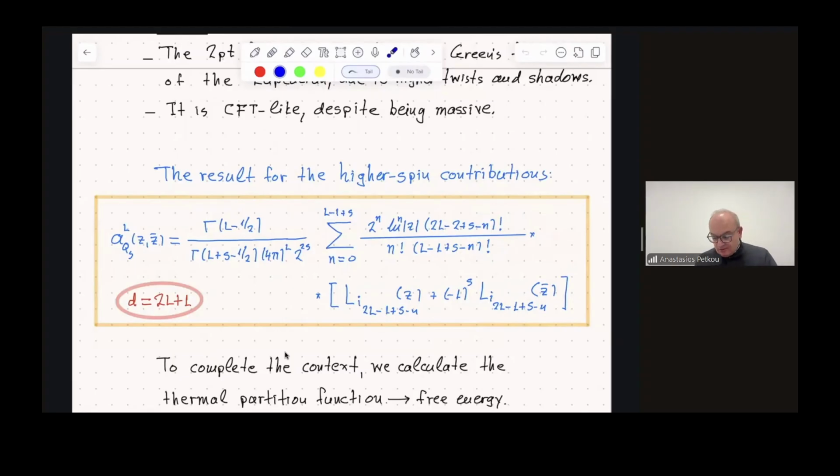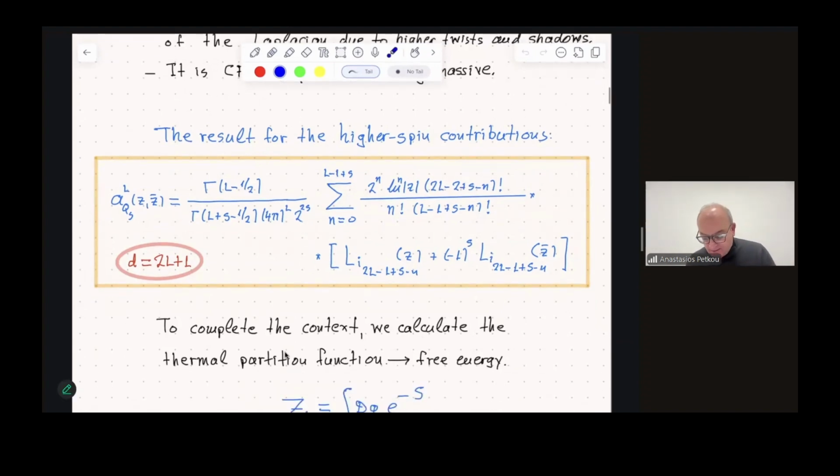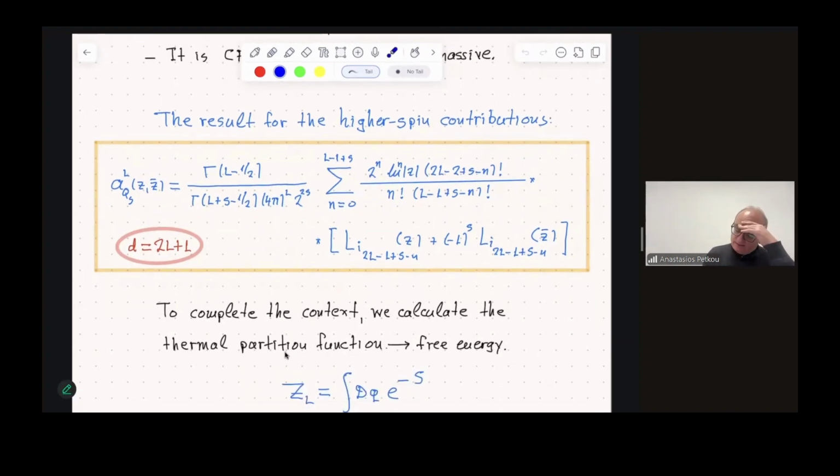The reason we chose it is because in that case this sum here is finite. It's the sum of polylogs, and it is finite. If we had chosen even, we can still do the calculation, but it's an infinite sum. Of course, it's more complicated, but it's also interesting. Okay.